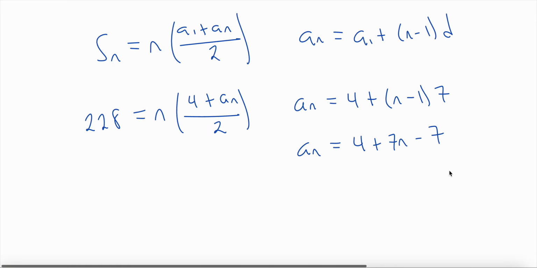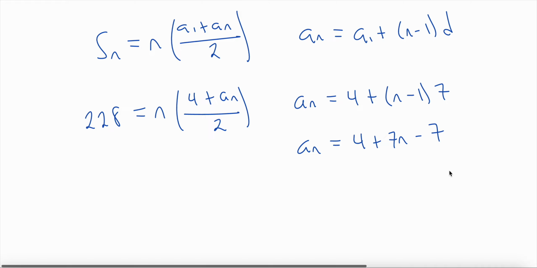All right, so now from here, utilizing our formula on the right, where we have an equals 4 plus 7n minus 7, actually, we can rewrite that one more time. So 4 minus 7 is negative 3, plus 7n equals an.